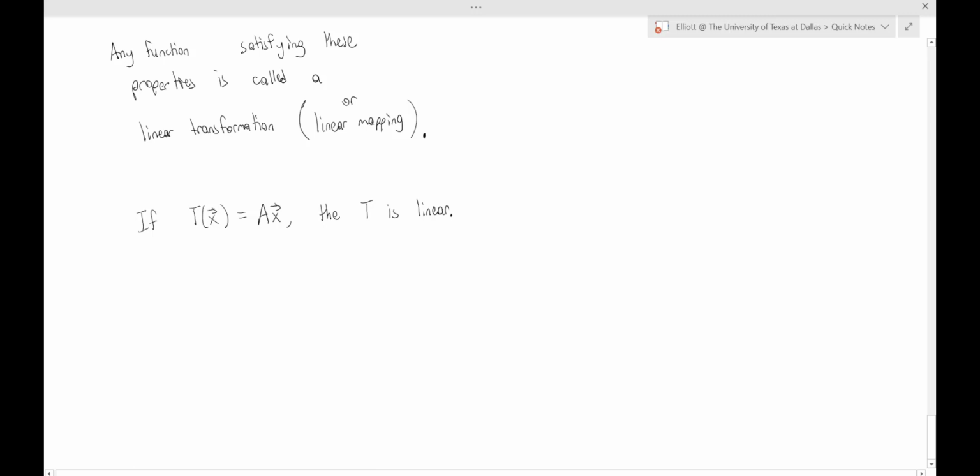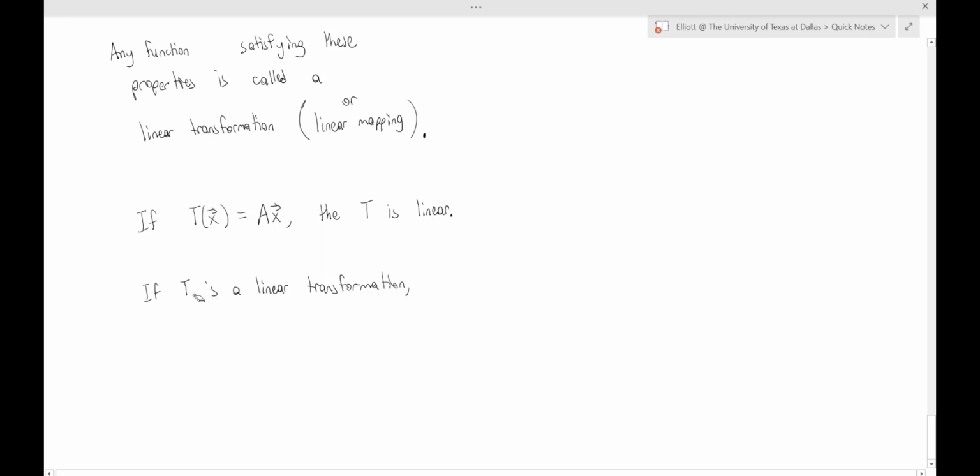Now, the reverse happens to be true as well. So if T is a linear transformation or a linear mapping, or just linear map as well. Let's see, I'll be more precise.